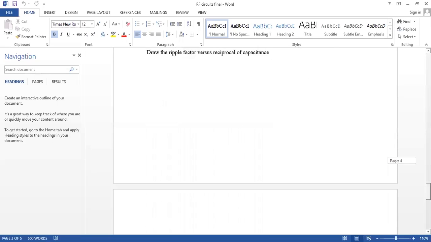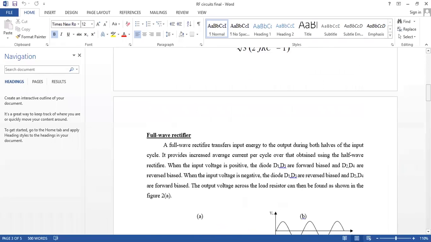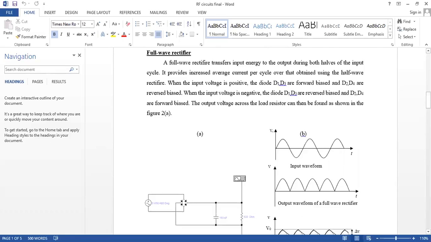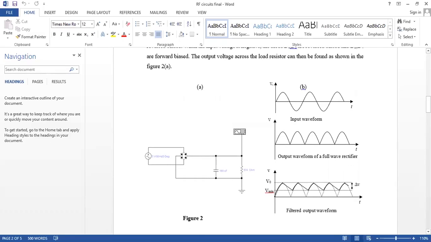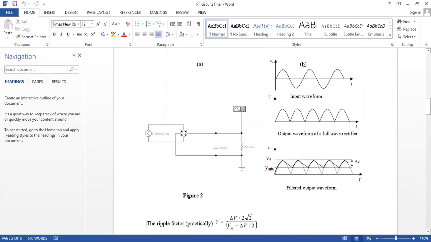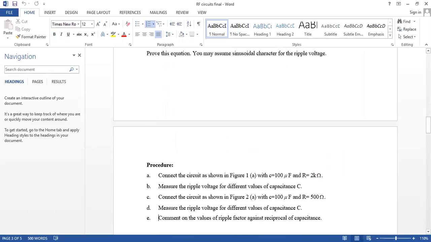This one is the full wave rectifier circuit, and this one is the half wave rectifier circuit. The process of converting AC to DC voltage is known as rectification. I think we already studied these things in A level. The circuit which is used for rectification is known as the rectifier.